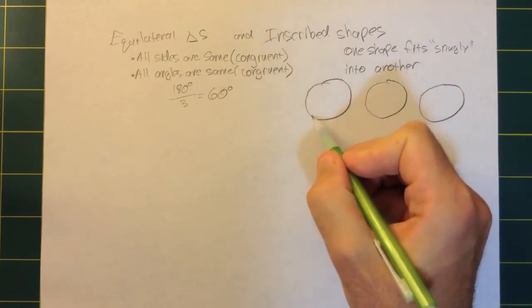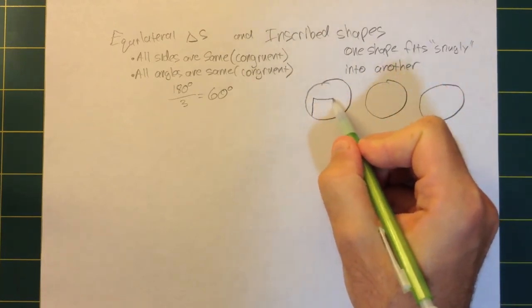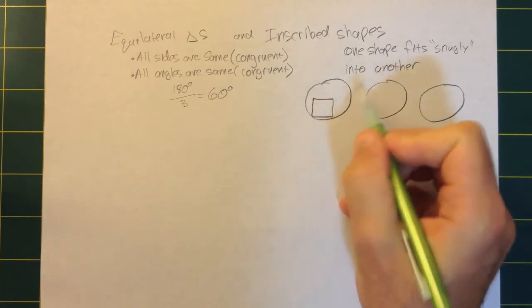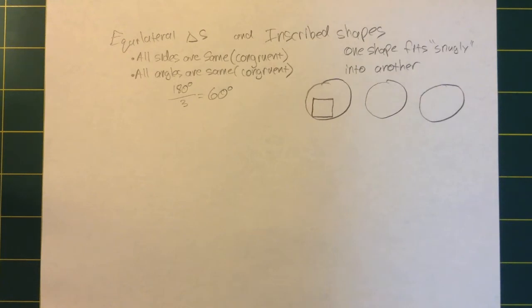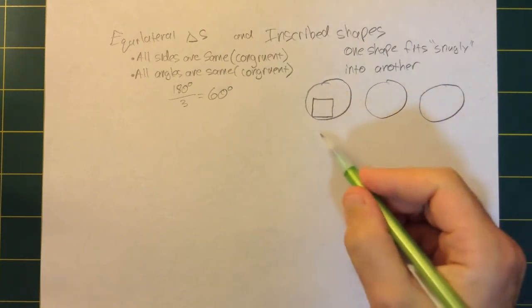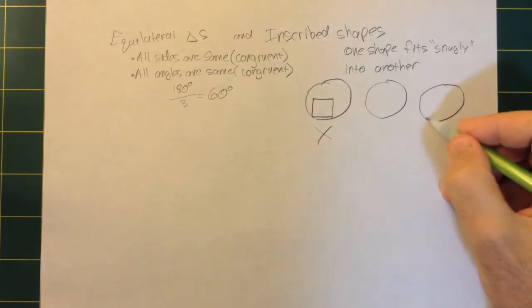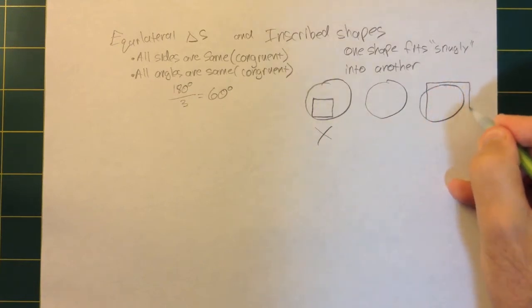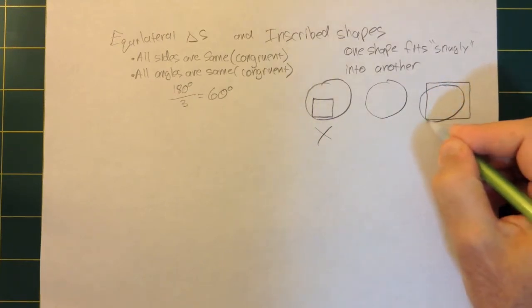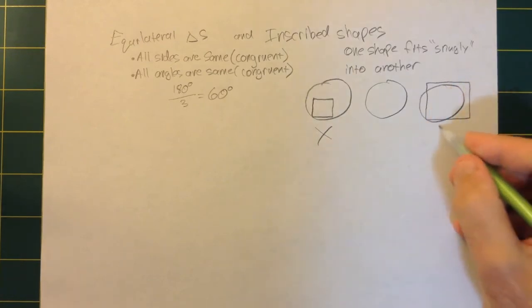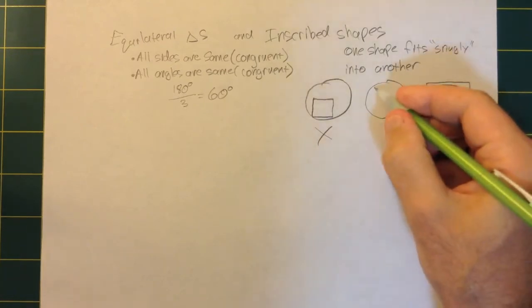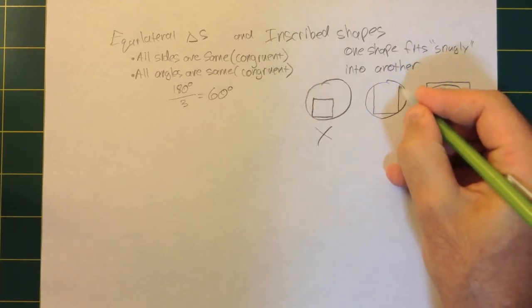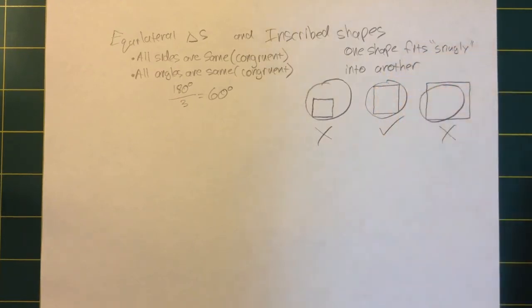If I went and drew a square and it looked like this, that square is inside that circle, but it is not fitting snugly. There's all this extra space, so that's no good. Or I could put a square and make it look like that. That square is too big, so that's not inscribed. But if I were to put it like this, that would be just right.